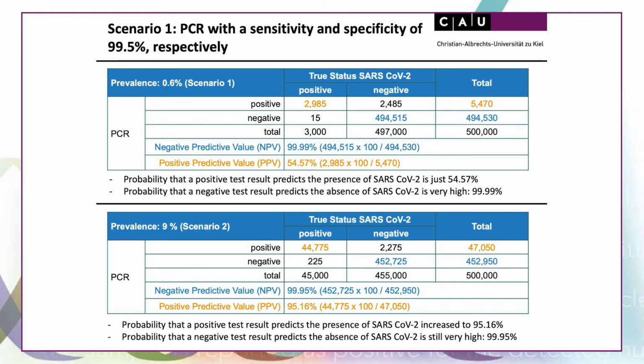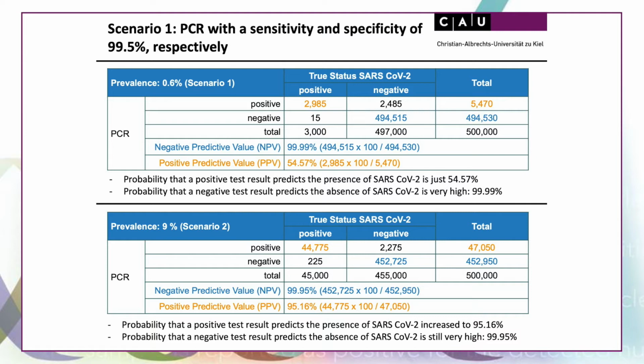Despite the very high specificity of the test itself, when the prevalence in the tested population is only 0.6%, the positive predictive value of this test is surprisingly low at about 55%. The negative predictive value, however, is nearly 100%. This is due to the very low infection prevalence in the population combined with the very high sensitivity of the PCR test.